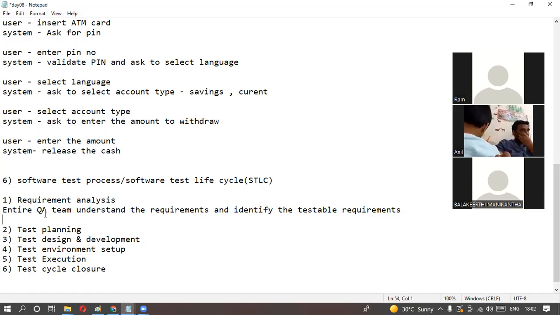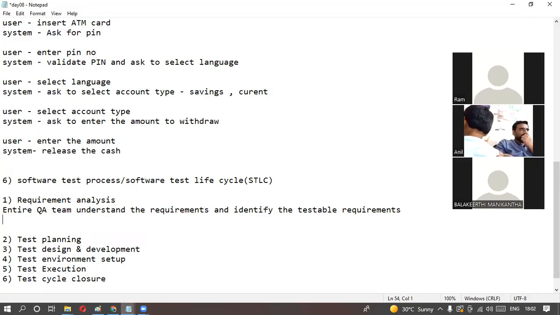For this requirement stage, by looking at which document will we understand the requirements? Any idea? You are understanding the requirements, or identifying the testable requirements, by looking at which document, or getting the details?